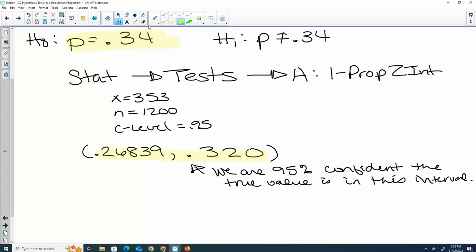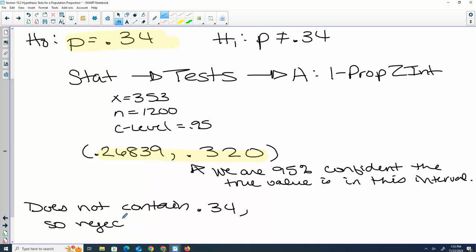No. So I'm 95% confident the value is in here, but 0.34 is not. So that does not contain the 0.34. So we reject the null hypothesis.